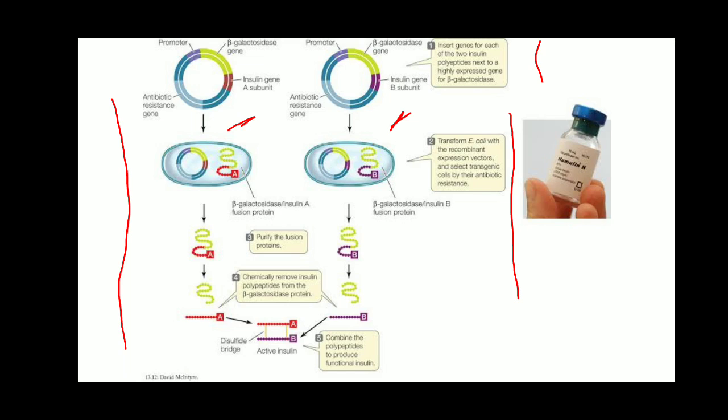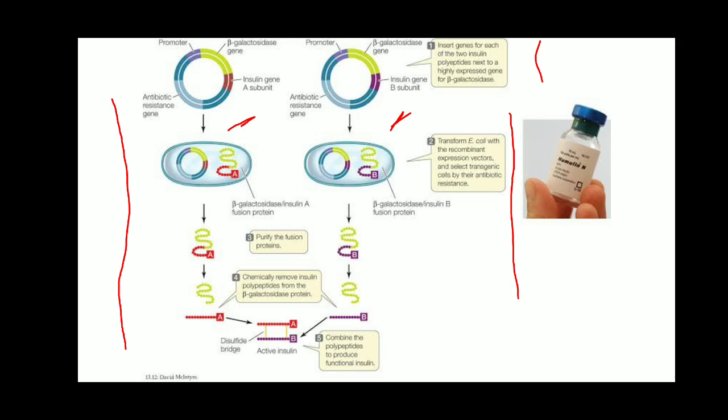The gene coding for insulin is represented with a red color. Now this gene is placed near the promoter and near the beta galactosidase gene, because when the beta galactosidase enzyme is expressed, the chain A polypeptide chain is also produced along with it.